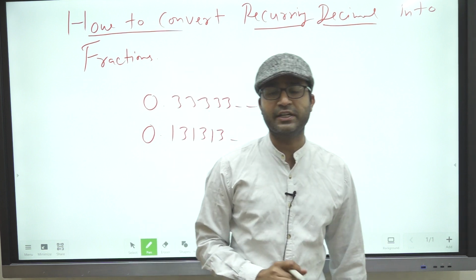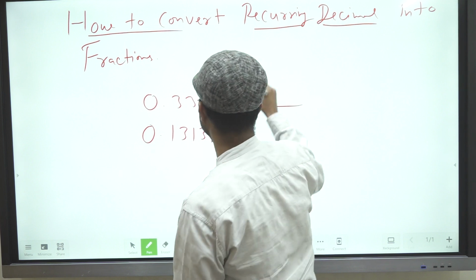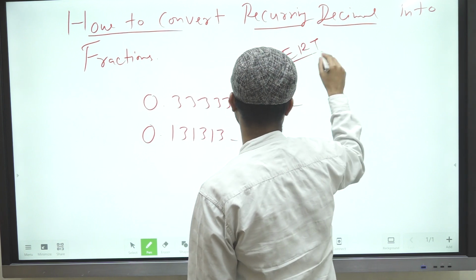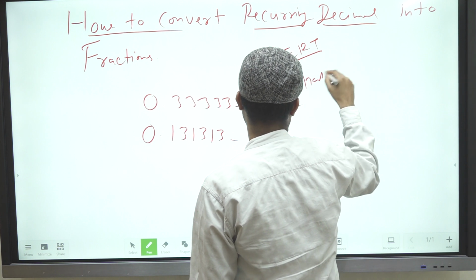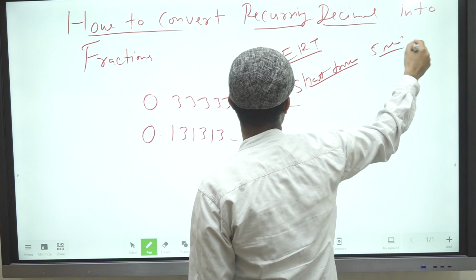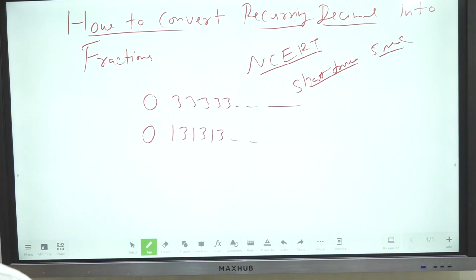Now first I will give you the basic idea, the NCERT based method. After that I will tell you the short trick, where we try to solve this type of question within 5 seconds. So first I take one question where I give you the basic idea.